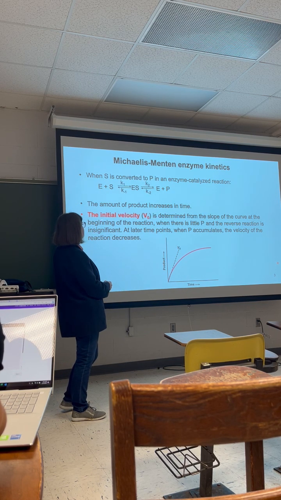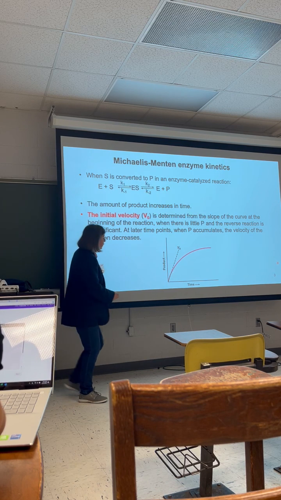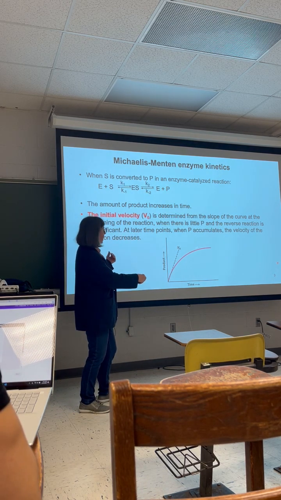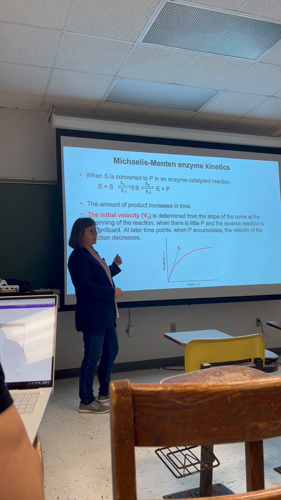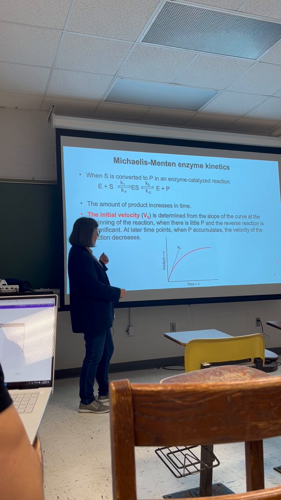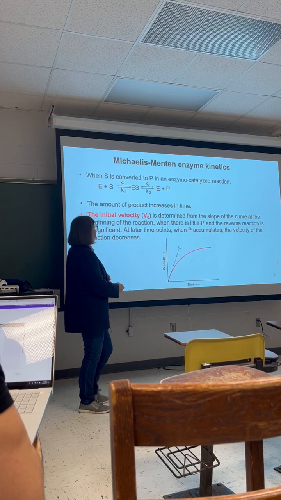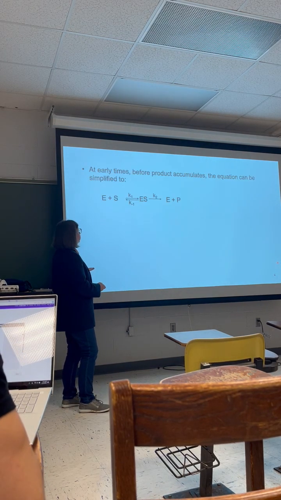So this indeed is a very important term that we call initial velocity. So if you literally go to the lab and acquire this data, you can always calculate what was my initial velocity. And look, that initial velocity is always higher than any velocity you would have later on, without product at all.